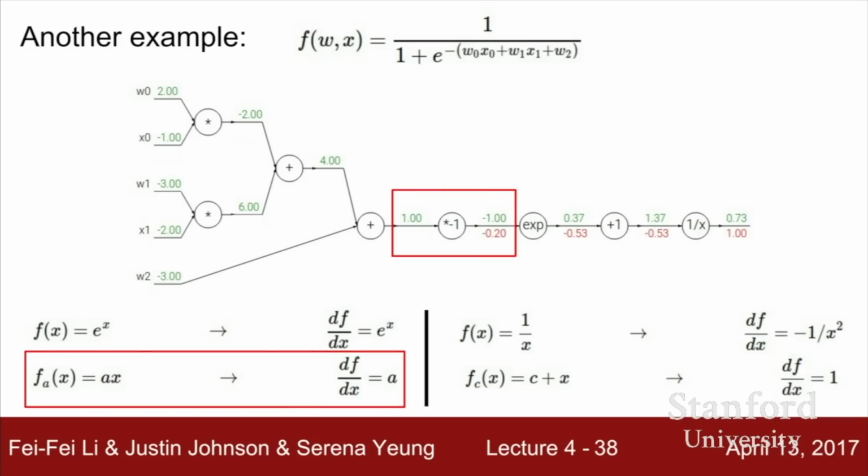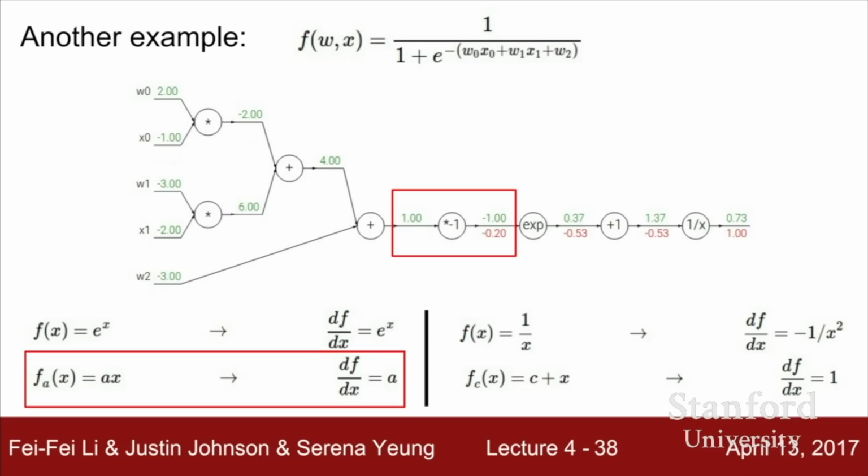OK, now one more node. The next node we reach is a multiplication with negative 1. What's the upstream gradient coming down? Negative 0.2. And what's the local gradient? You can look at the reference sheet.